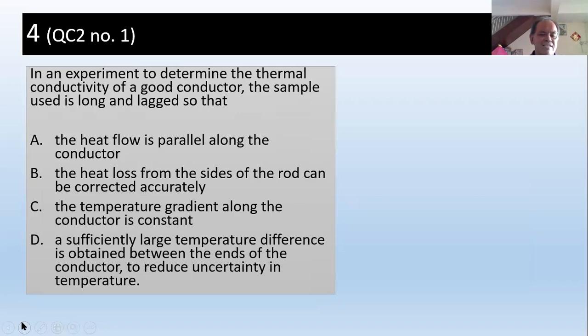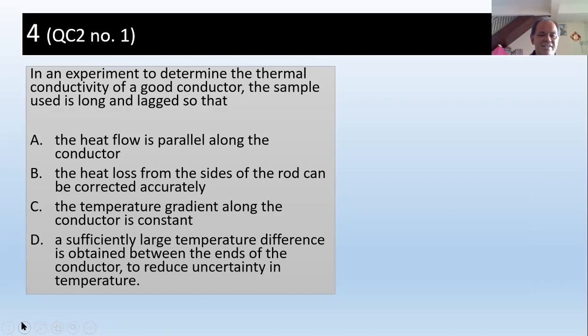Long and lagged: with lagging, you don't want the heat to be lost, so you want the heat flow parallel along the conductor, but that's not the real reason. Is the heat loss from the side of the rod corrected? A is also correct, but that's not what you want. That's not the reason why you make it long. Can the heat loss on the side of the rod be corrected accurately?